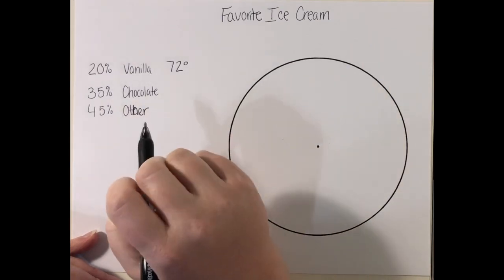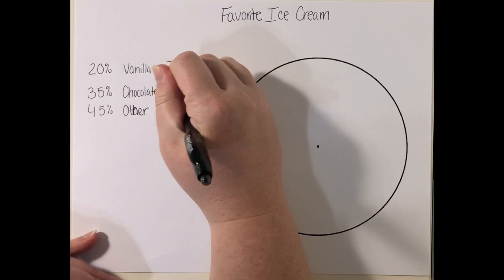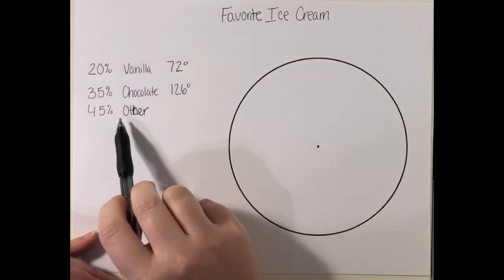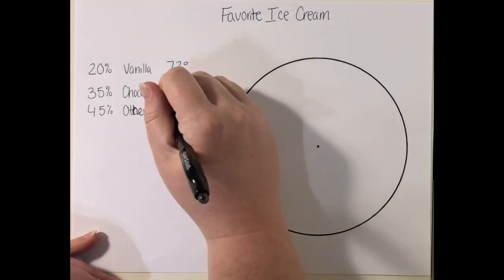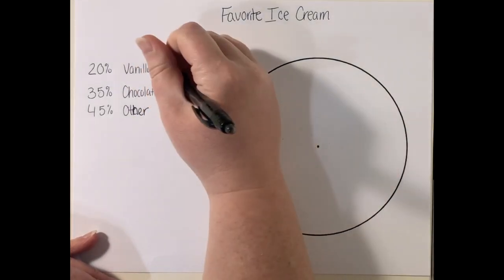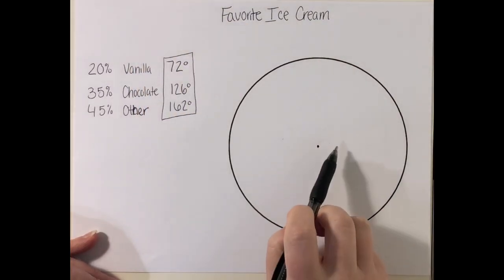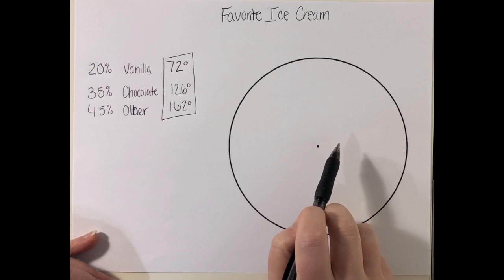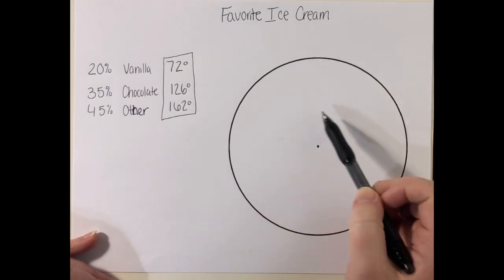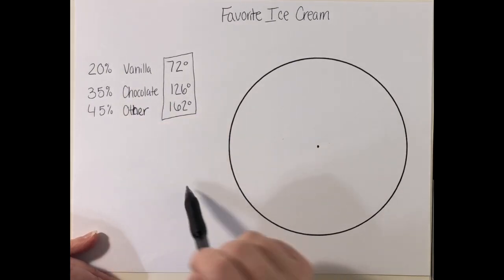We also already did 35% of 360, which was 126 degrees. And then 45% liked other, and that's going to be the rest of the circle, which is 162 degrees. So these are going to tell me the central angles so that my sectors are proportional to 20%, 35%, and 45% of this entire circle.